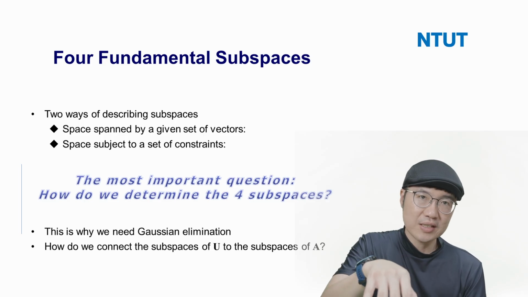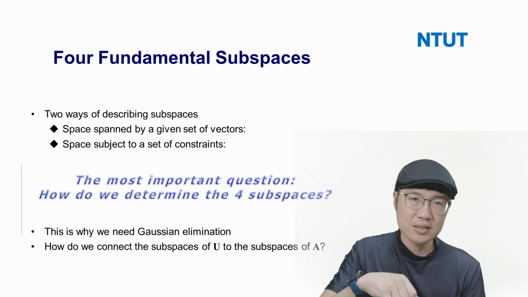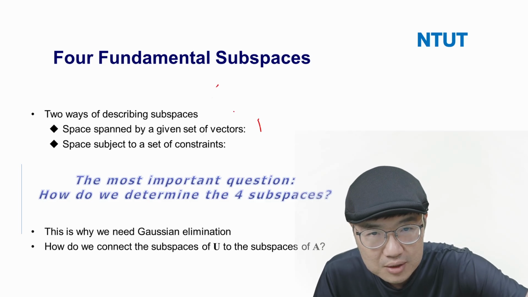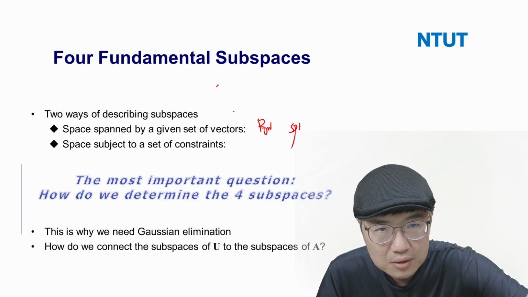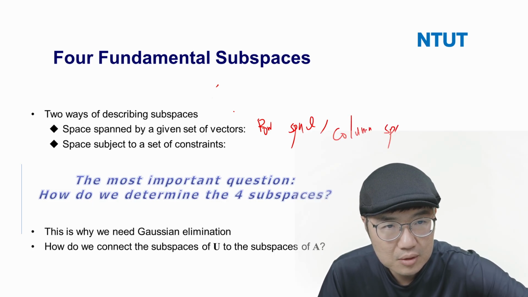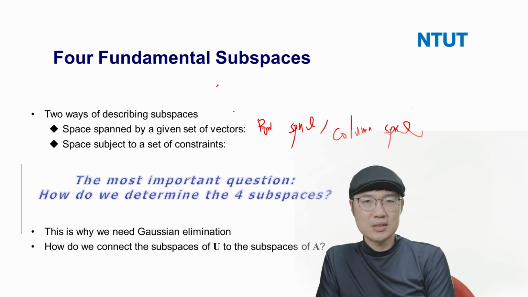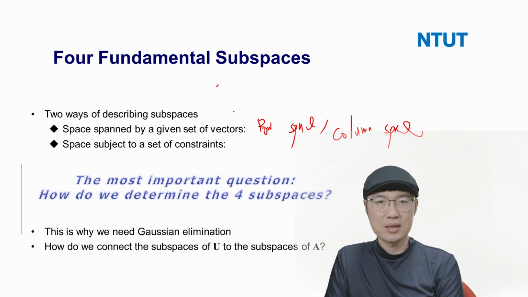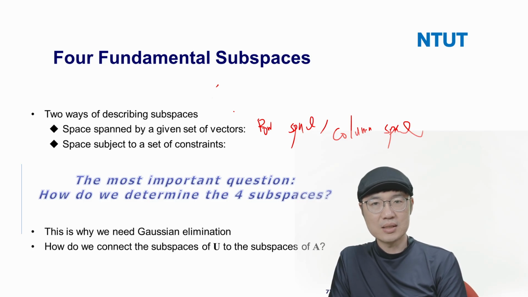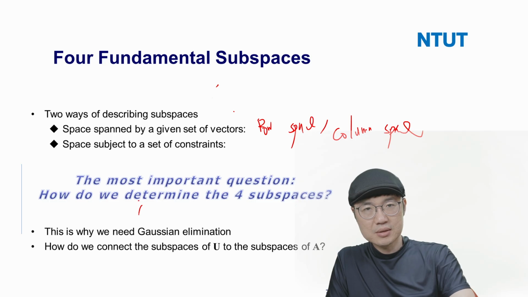You have some vectors and the span of these vectors forms a subspace. For example, row space and column space are found by this. In contrast, some spaces are found by constraints, like null space.